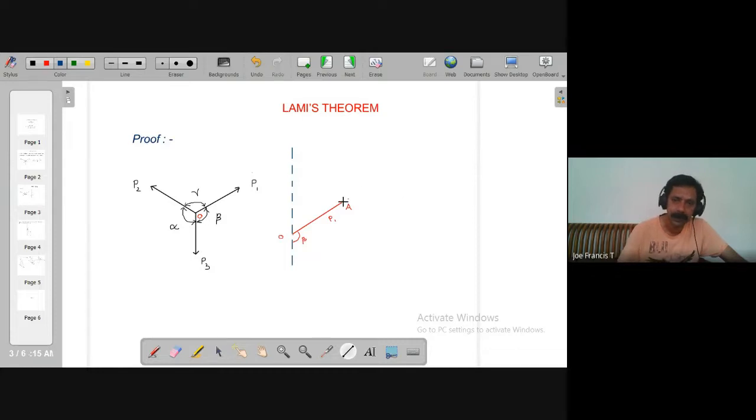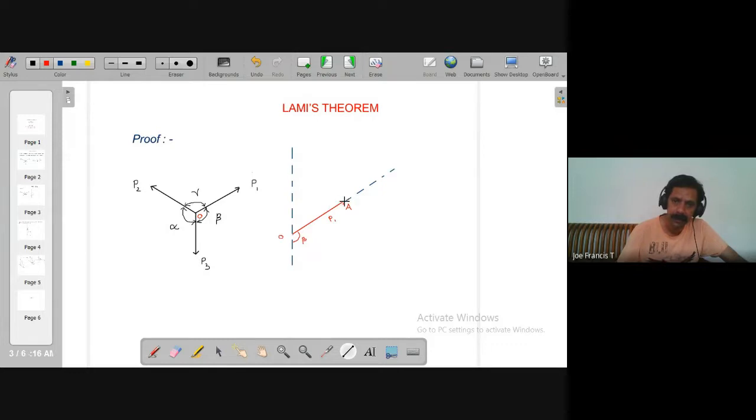Suppose this is the line of action of P1. I'll mark a chain line. Right. Now from A, I draw P2.